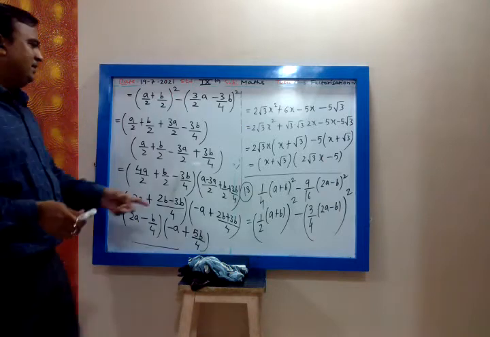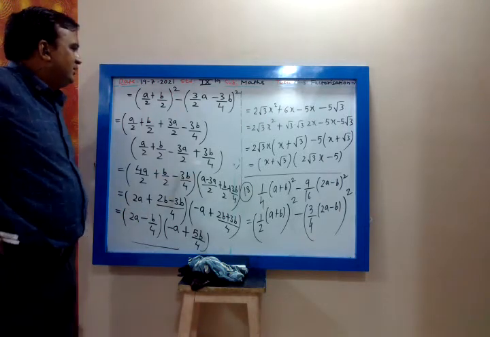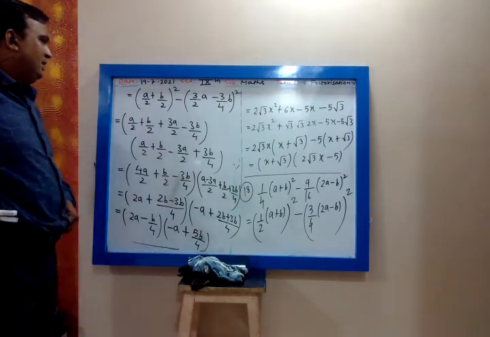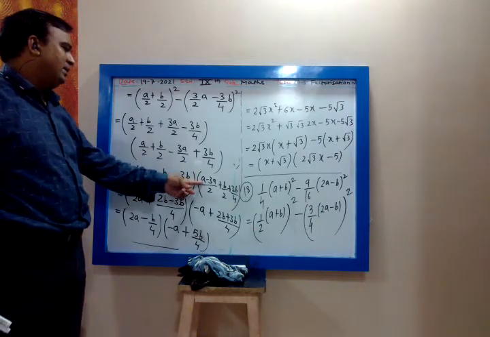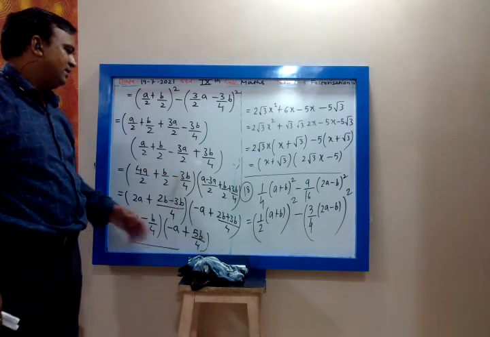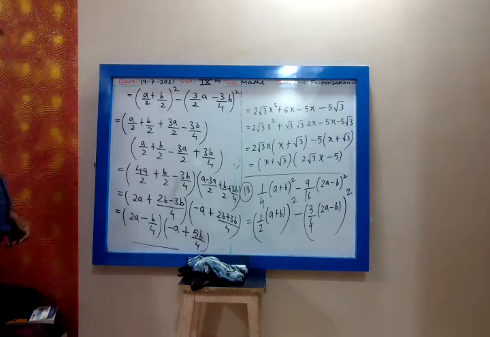Is it clear? A minus 3a will be minus 2a. Minus 2a by 2 is minus a. Yes? Is it clear?